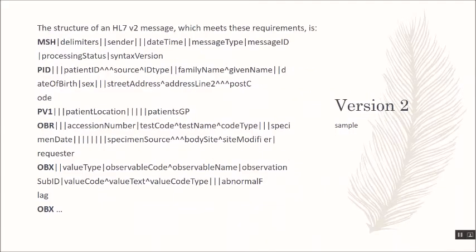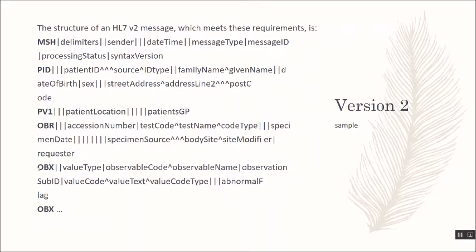Now, let's look at a sample of a version 2 message. Remember, we have two really important parts in a version 2 message. One is the message syntax. If you look at the lines here, each line starts with MSH, PID, or PV1. For PID, as you can guess, this is the patient information. For PV1, this is the patient visit information.